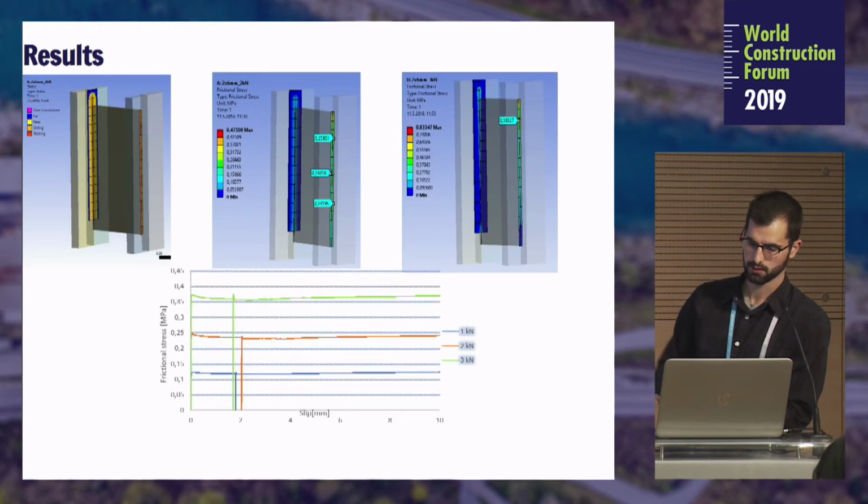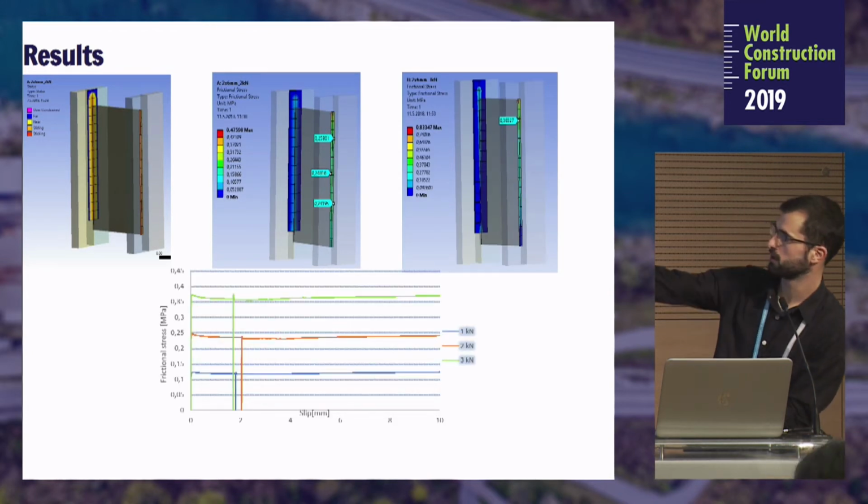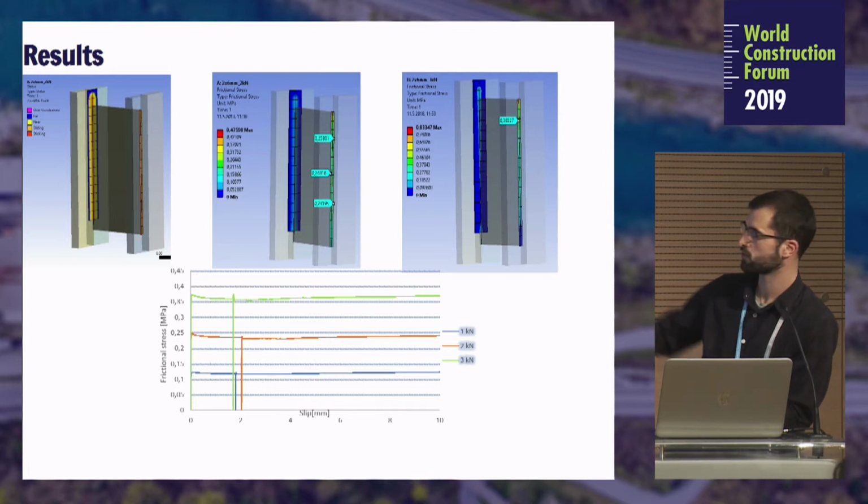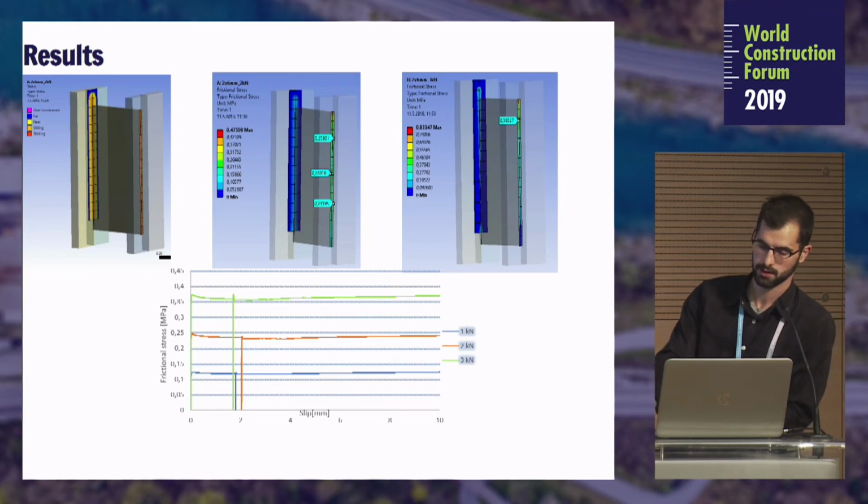Here, just to show you the comparison between the measured stresses and the numerical model. As you can see, it's very similar. So let's say the model is confirmed, and that will help us a lot to understand the behavior of similar elements.